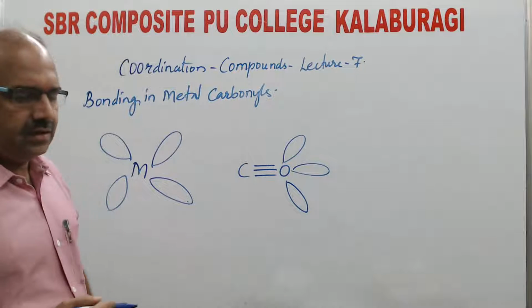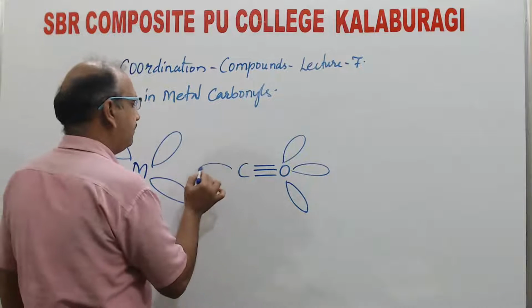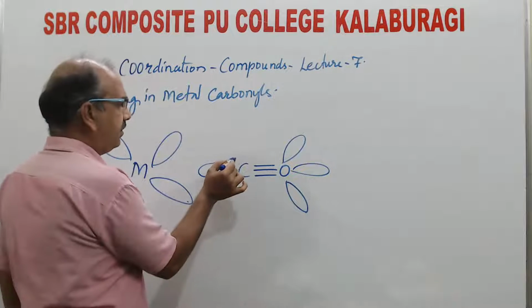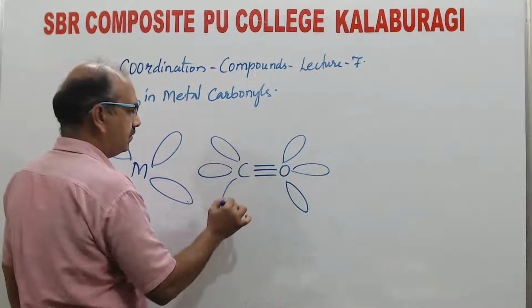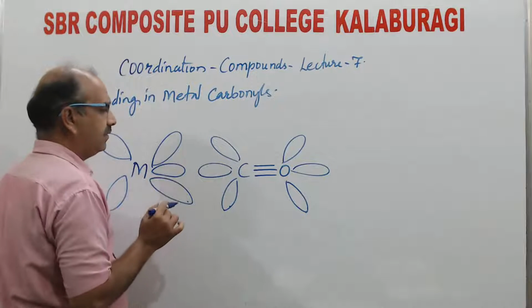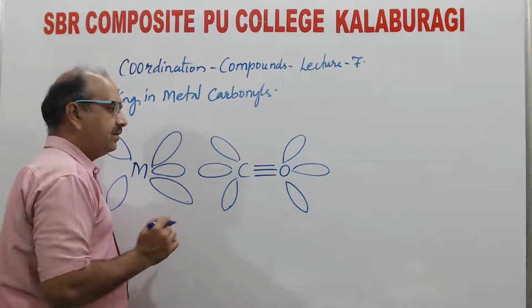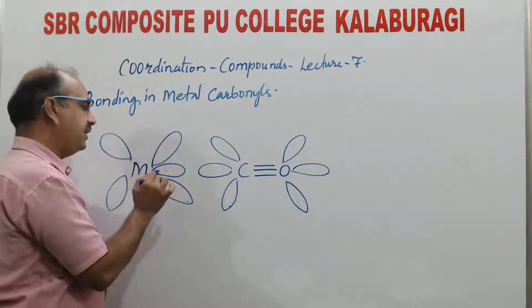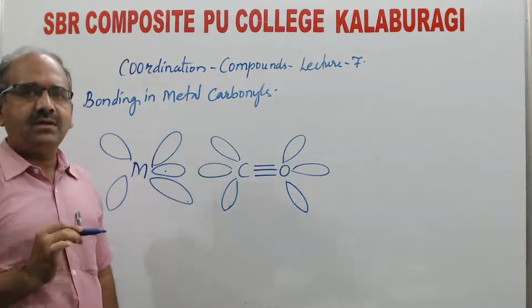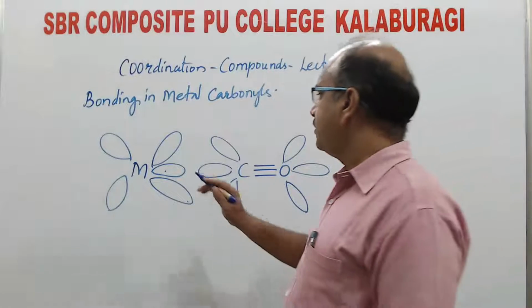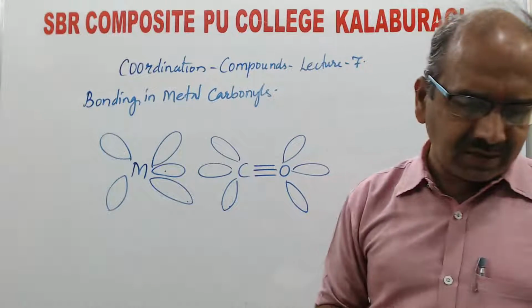Even this carbon has empty orbitals like this. Here this is carbonyl, this is metal. This is the vacant orbital of the metal, which is going to receive the electrons from the carbon.